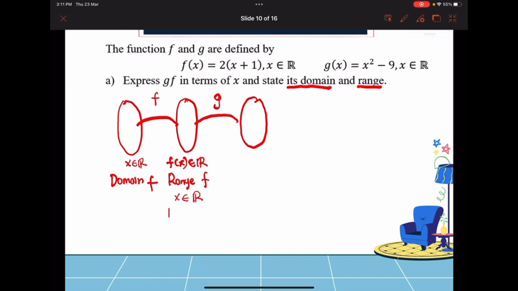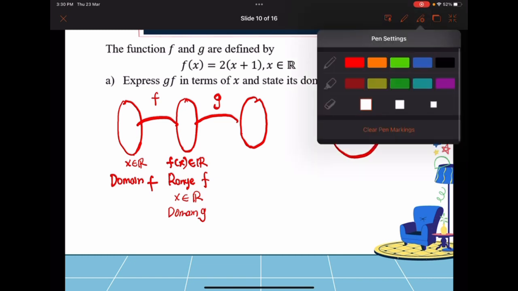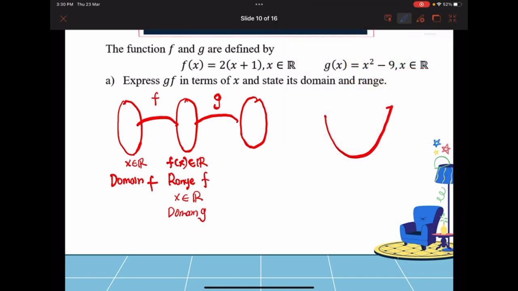This is the domain of g. Now, let's look into the range of g. g(x) is a quadratic function. You are all aware that a quadratic can only have a U shape or an N shape. In this case, it will be a U shape as your a is a positive value.